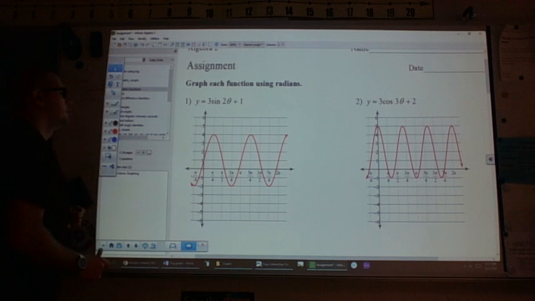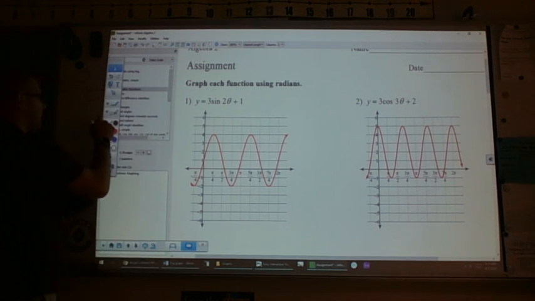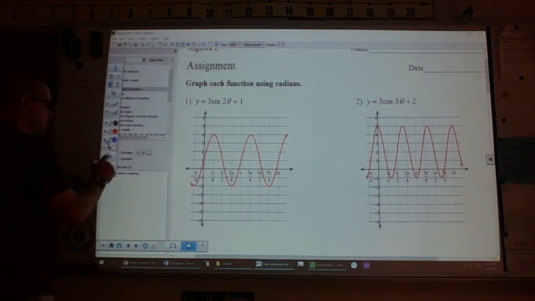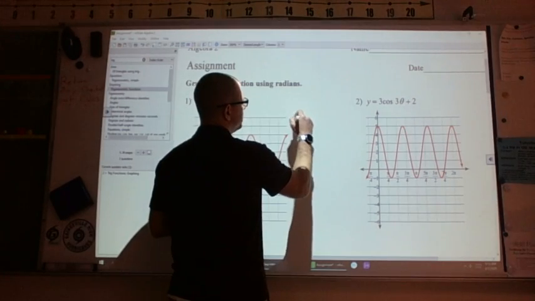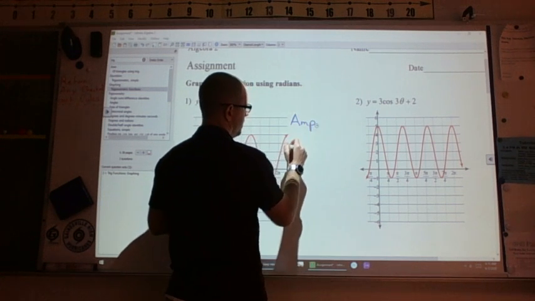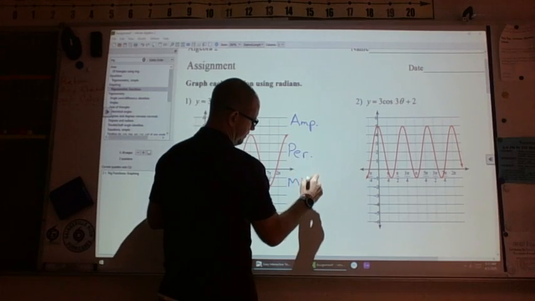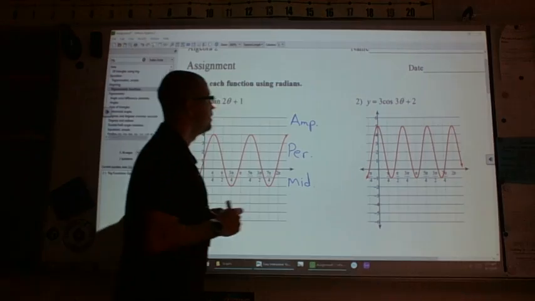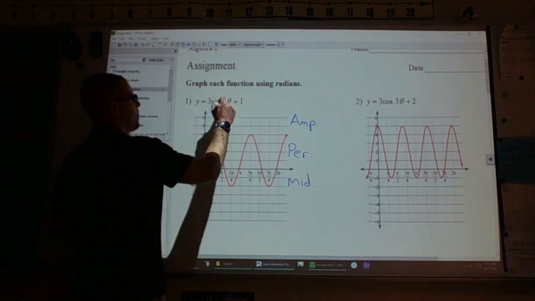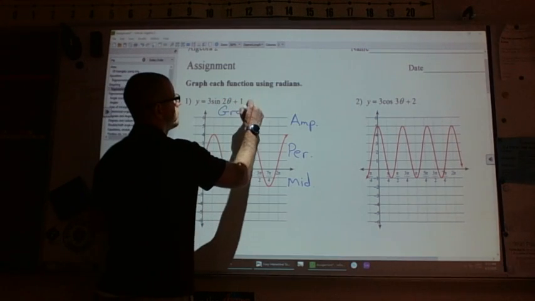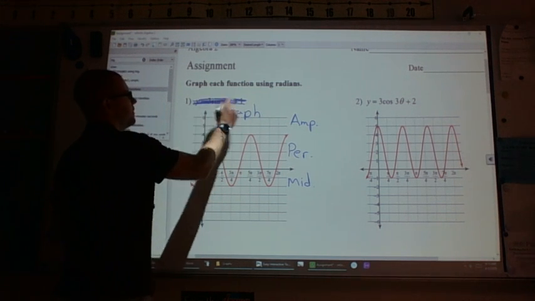So ignore the instructions. What we want to do is find the amplitude, the period, and the midline. For this one, I'm going to use the graph. So I'm not going to use the equation at all, just the graph to figure this out.